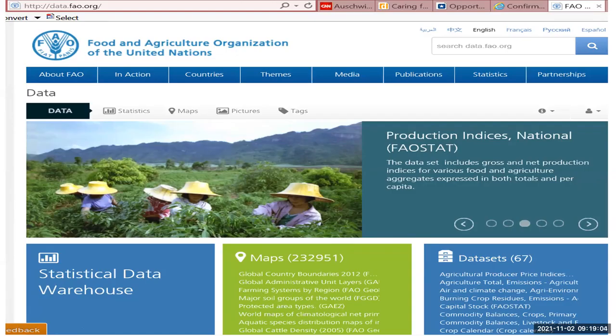And you can look here, they've got producer price indications, they've got air and climate change, they've got burning crop data, they've got stocks, inventories, balances, primary commodities. So if I'm doing peas, beans, lentils, wheat, corn, soybeans, cotton, this is a great source of statistical data on what is being produced in different countries.